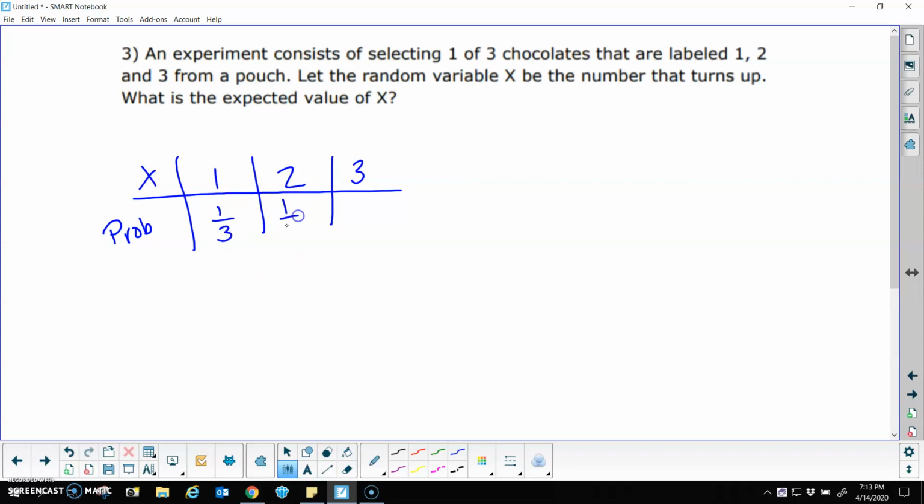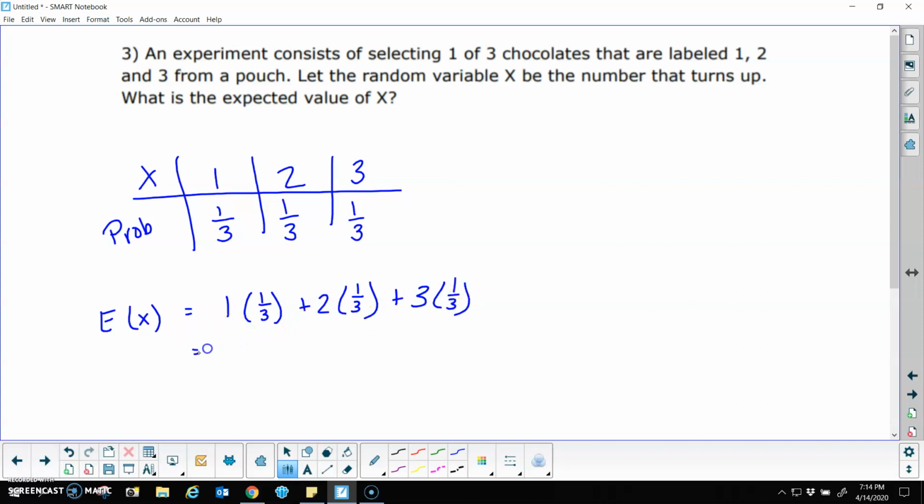Good job. Yes, it is 1/3. I love y'all. Y'all are so on it. So what would be my expected value? This would be 1 times 1/3 plus 2 times 1/3 plus 3 times 1/3.